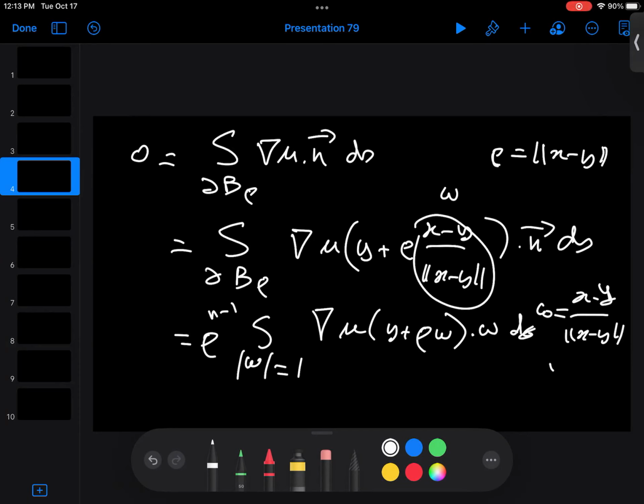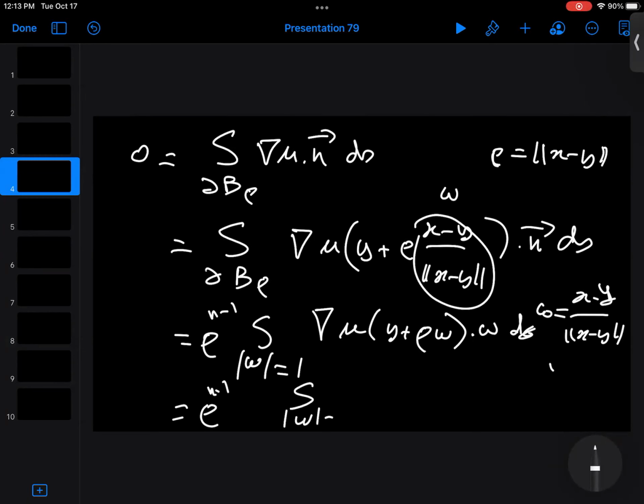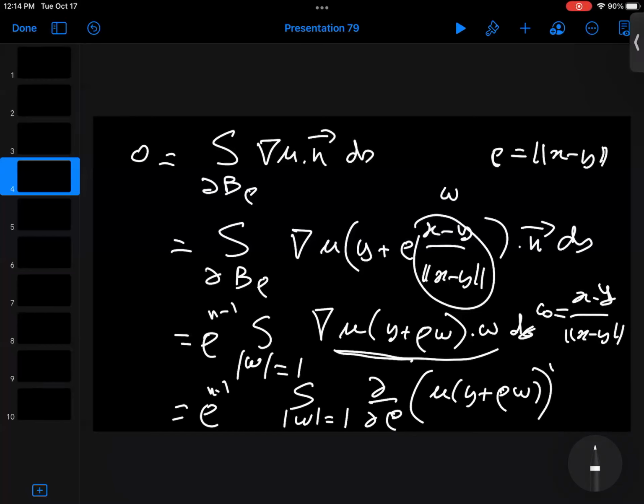Okay, but now I can remark, so I don't change the integral, but I can remark that actually this thing is just the derivative with respect to rho of u(y plus rho omega) d sigma. Okay, so now I'm almost done.